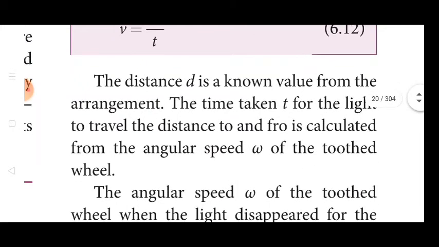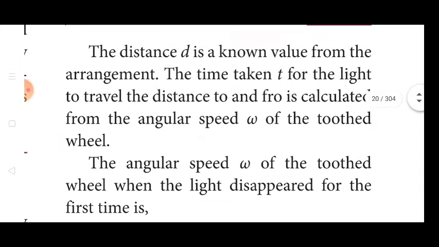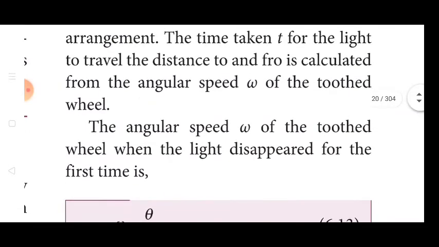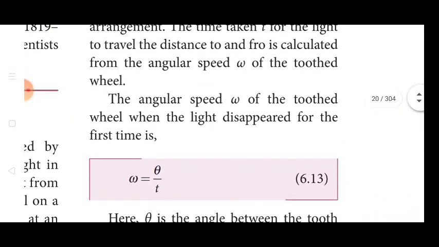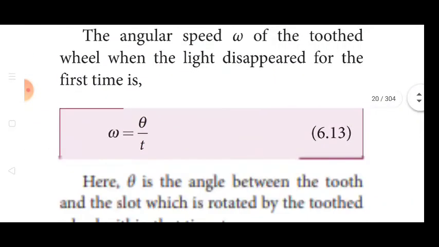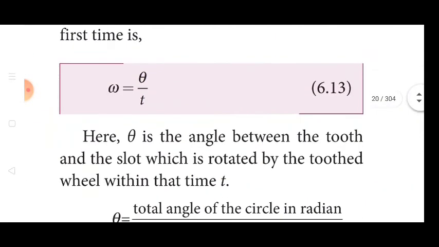The angular speed omega of the toothed wheel when the light disappeared for the first time is omega is equal to theta by t. Here theta is the angle between the tooth and the slot, which is rotated by the toothed wheel within the time t.